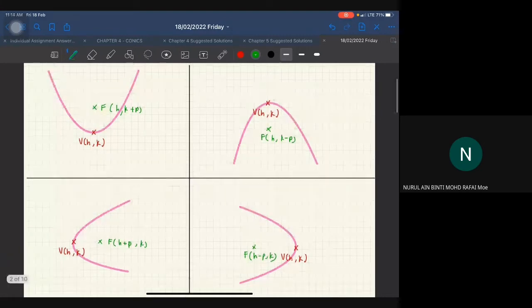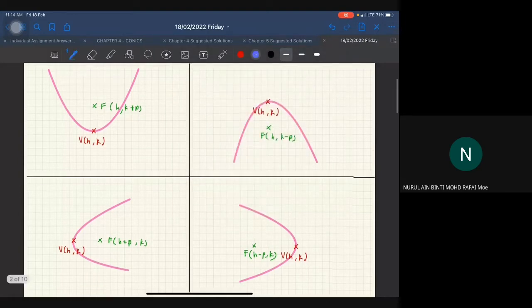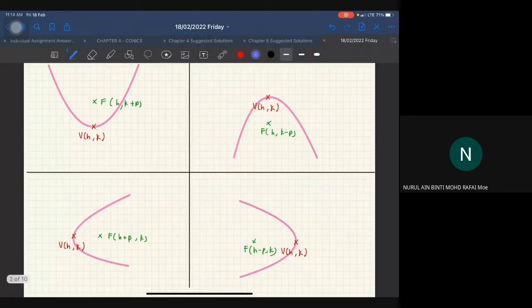Okay, and then lastly, last benda yang awak kena tahu is the directrix. So saya guna warna ni lah. Okay, so directrix dia akan duduk dekat tempat yang berlawanan dengan foci. So kalau foci dekat atas, directrix akan duduk dekat bawah. Okay, kalau awak tengok, ini adalah garisan yang langgar pada paksi Y. Okay, paksi Y kat sini.